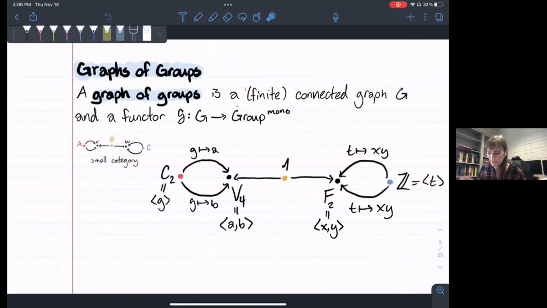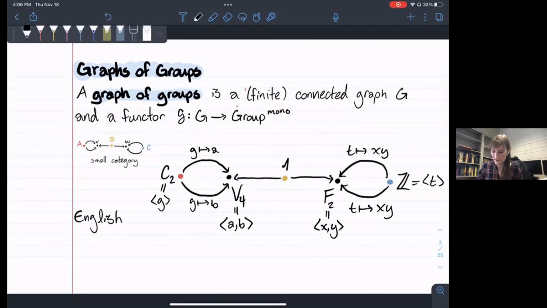Great. So what's a graph of groups then? For us, all of our graphs are going to be finite. Connected is a little bit more important, but we'll just assume a finite and connected graph G, and a functor from the small category to the category of groups with arrows injective homomorphisms. Okay, so that's a lot. In English, what does this say?